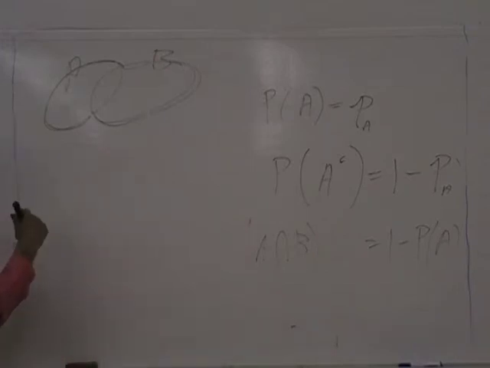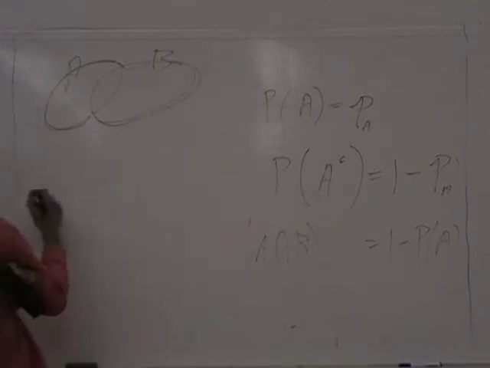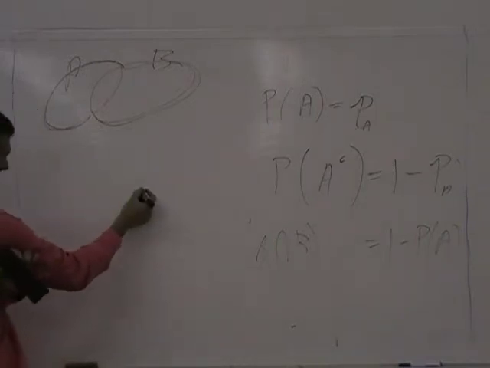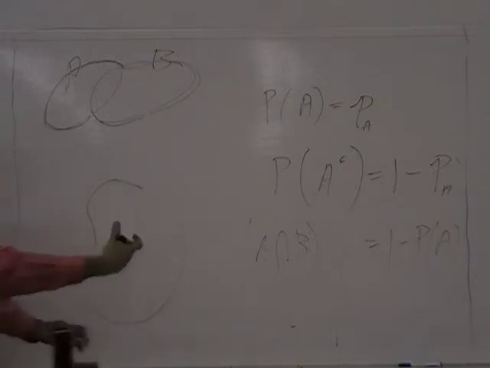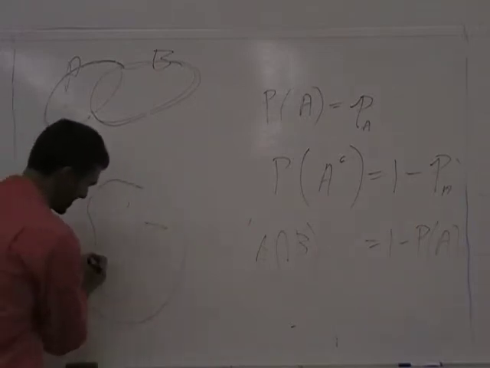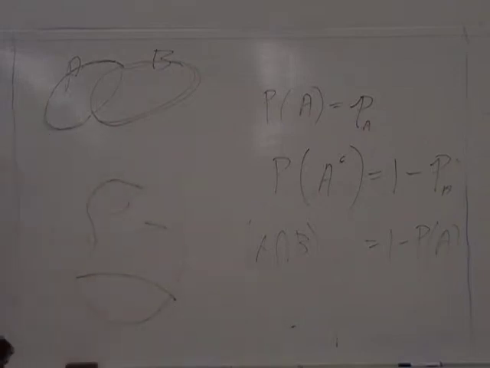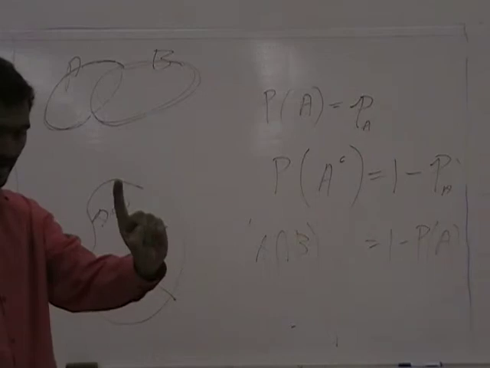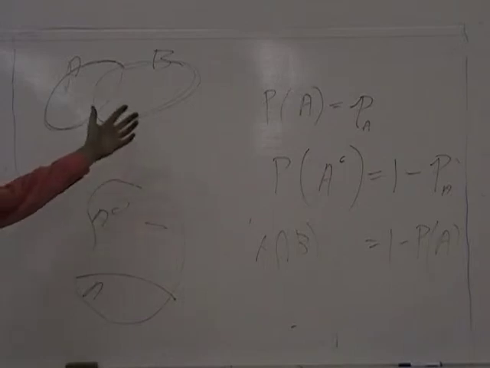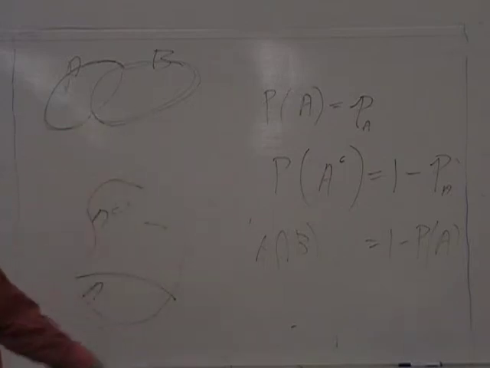The point is not complicated, but important to keep in mind that if you have some set and you have probabilities of events and you cut it in half and you call this A and this A complement, the probability of the whole space is 1, because a probability distribution represents all the outcomes and it adds up to 1.